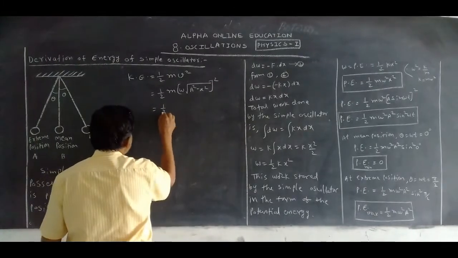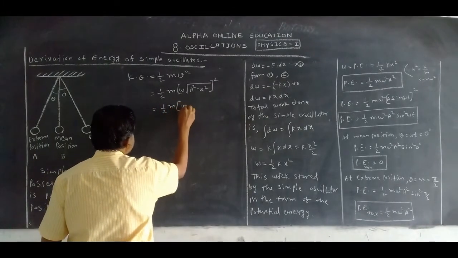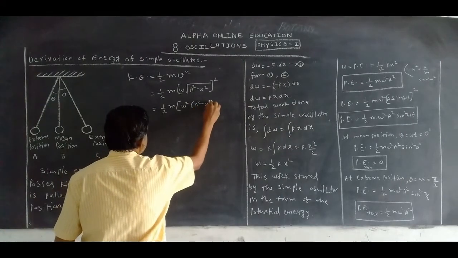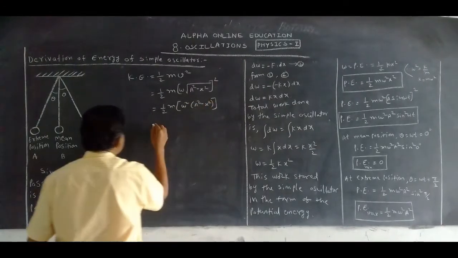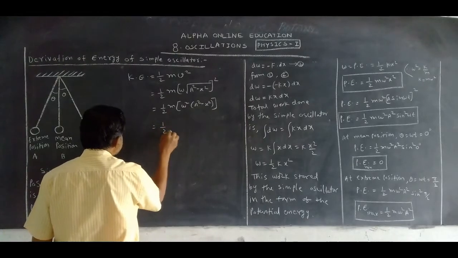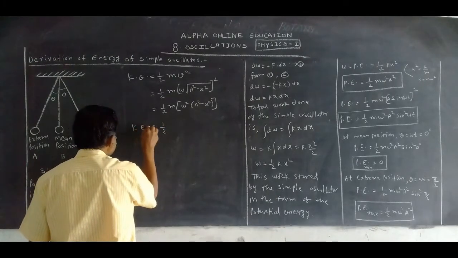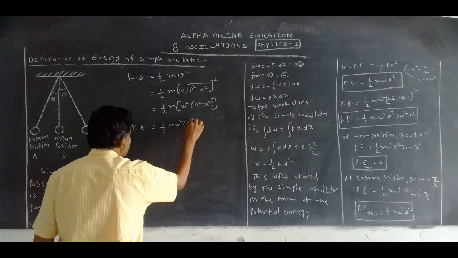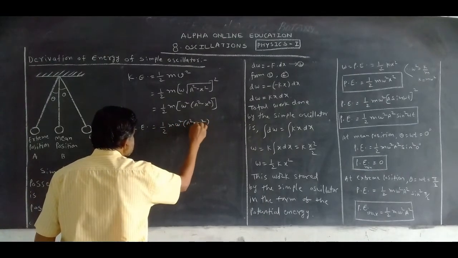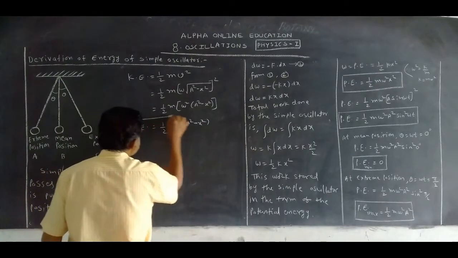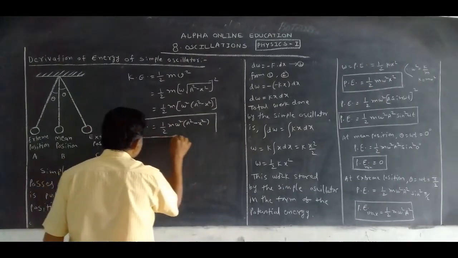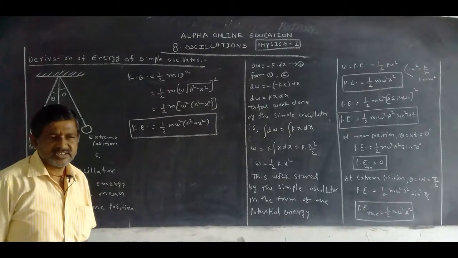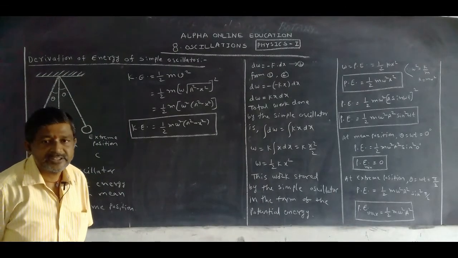Now half m omega square into a square minus x square. So kinetic energy is half m omega square into a square minus x square. This is the kinetic energy of the simple oscillator without harmonic function.